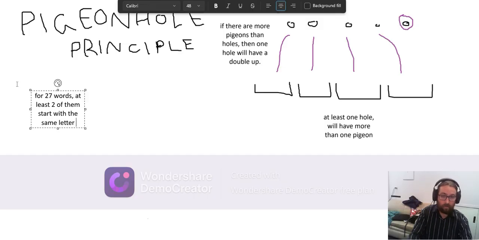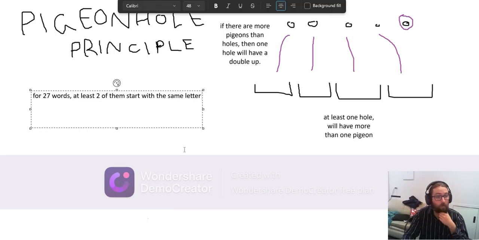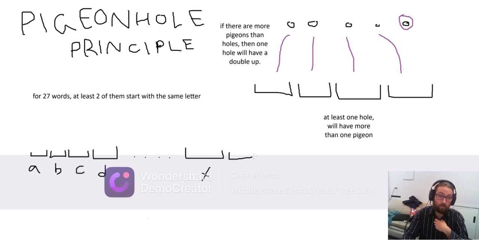Now we're going to use the exact same idea here. This time, what are my pigeons and what are my holes? Well, my pigeons are going to be the words, and my holes are going to be the starting letters. So this time I'm going to have 26 holes. So we're going to have A, B, C, D, etc., X and a Y and a Z hole.